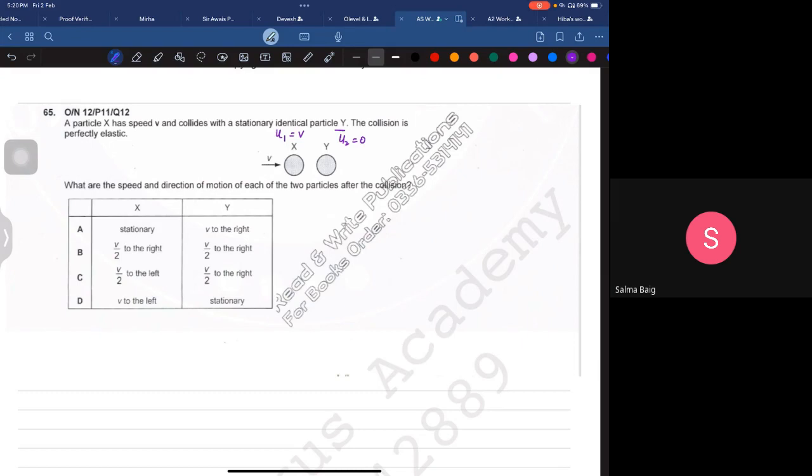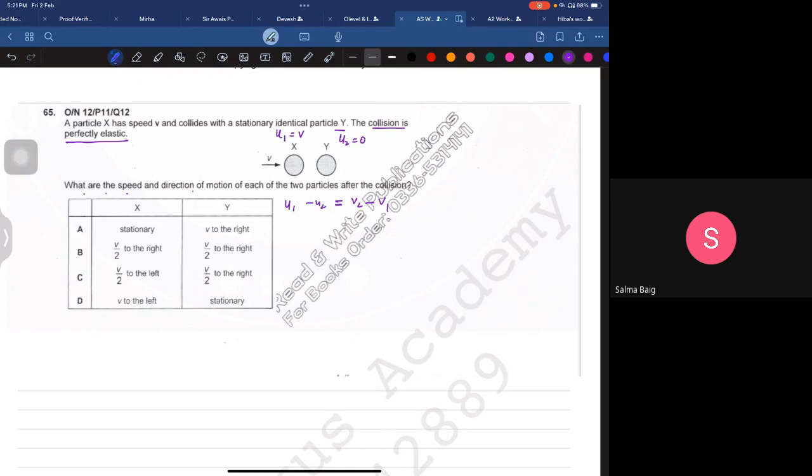Now they ask what are the speeds and direction of motion of the two particles after the collision. The collision is perfectly elastic, which means U1 minus U2 should be equal to V2 minus V1. So this has to be equal at all costs.